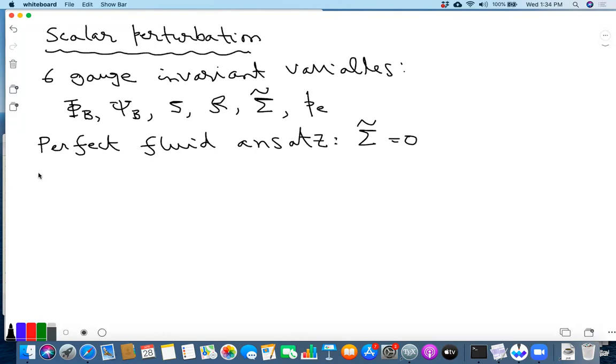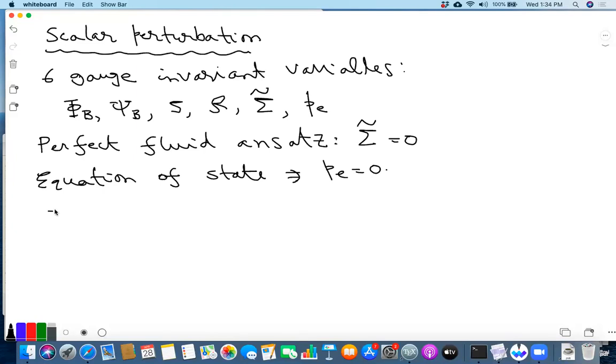And then we saw that if we assume that the equation of state holds locally, namely there is local thermal equilibrium, then this gave P equal to 0. So that reduces the number of independent variables to 4. And now we are fine because now we have 4 equations which come from Einstein's equation.